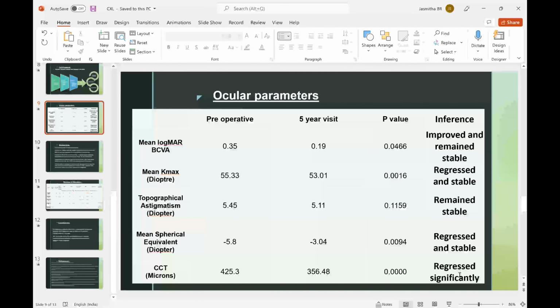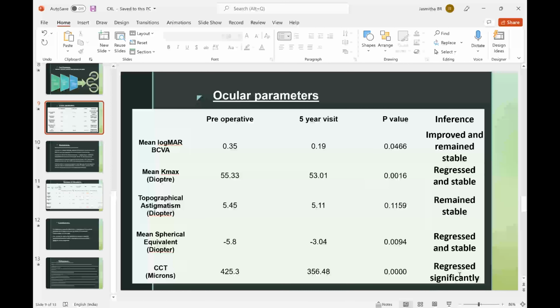His preoperative Kmax was 56.8, and at the end of 1 year, it was 54.9. However, at 3 years, it was 55.3, which was the progression. From 54.9 to 55.3, it has increased. It remained stable till 5 years. So there is no significant progression as such. And none of the patients required any keratoplasty.